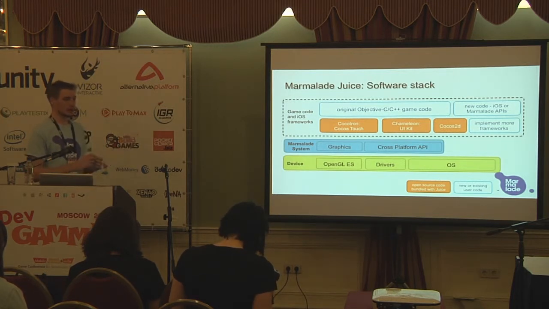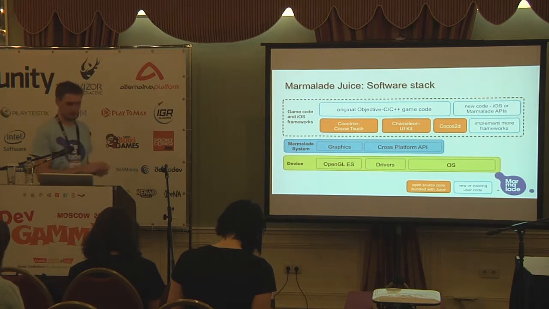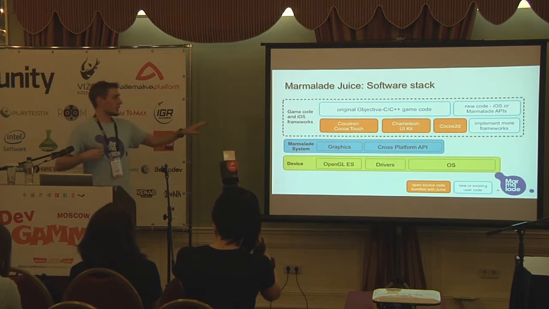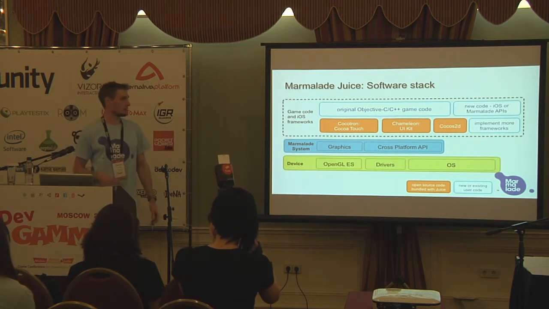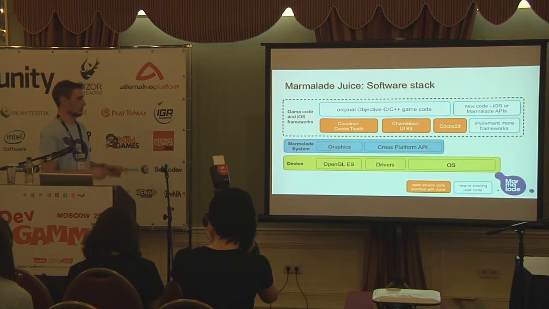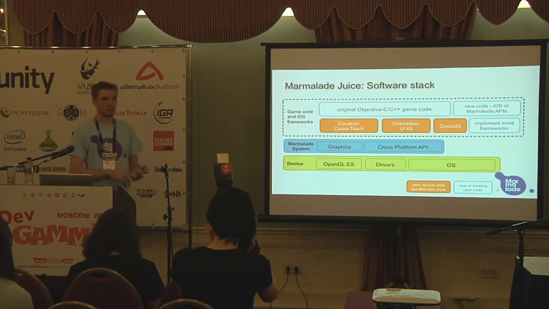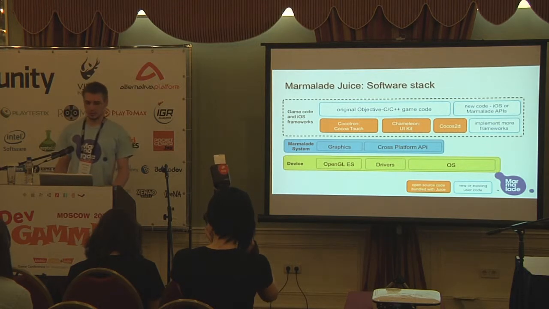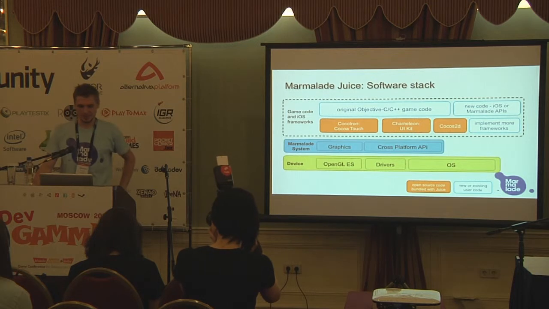That layer allows applications to run similarly on different types of devices. Over that layer, we have the big chunk of code, which contains the original game code written in Objective-C or C++. The code we want to convert should be in Objective-C.